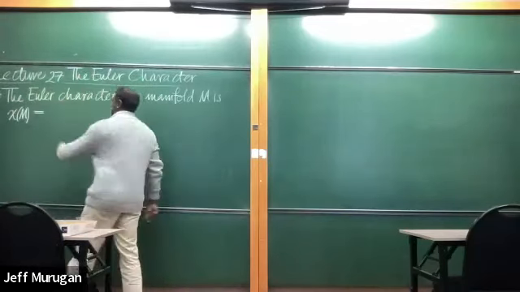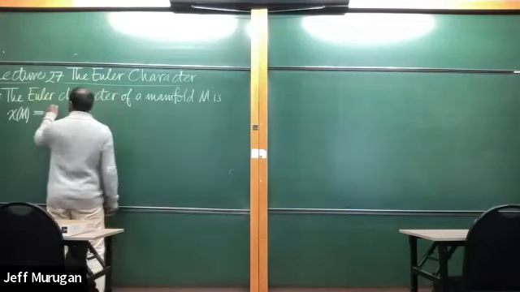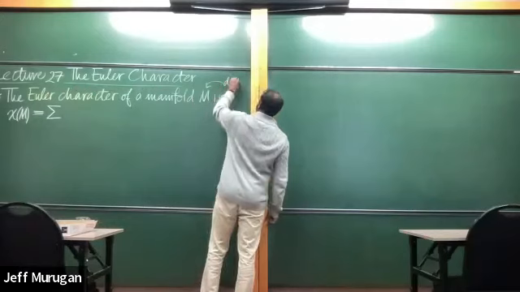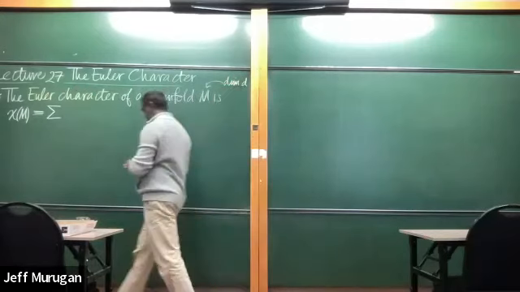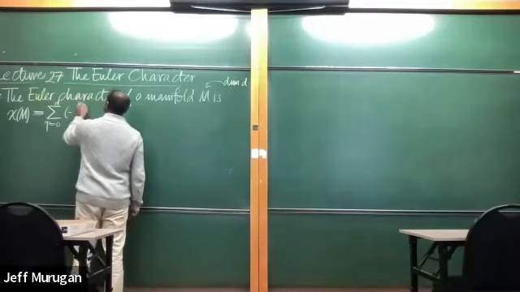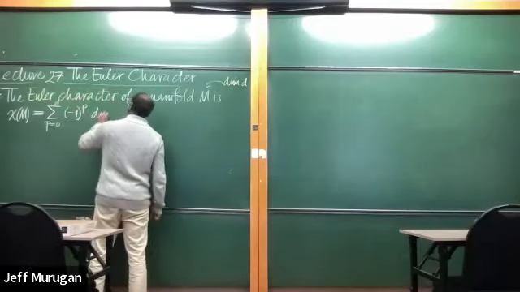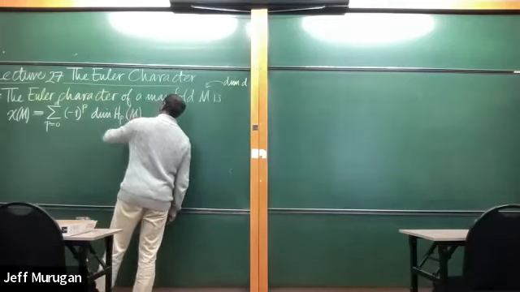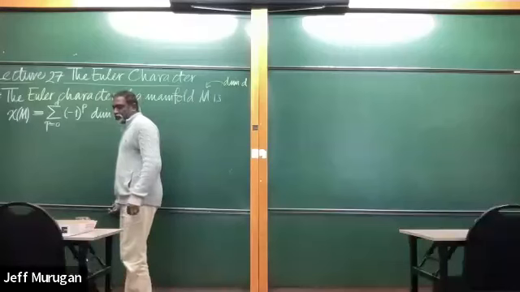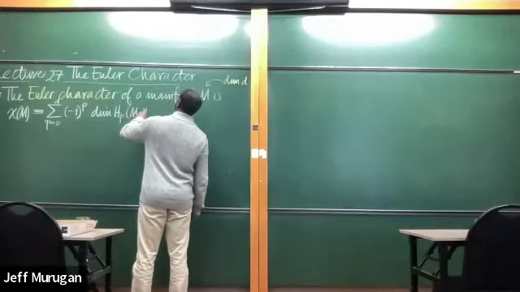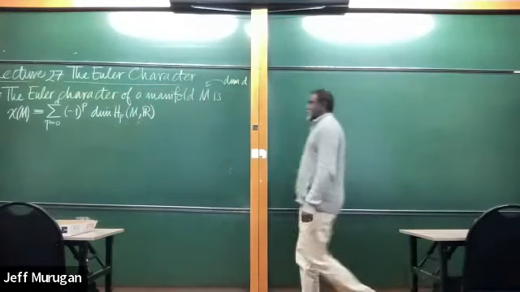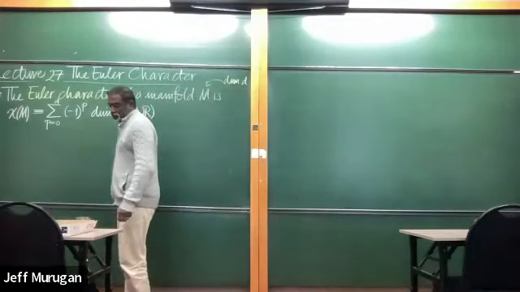The Euler character of M is defined to be the alternating sum, where D is the dimension of the manifold, from p equals naught to D of minus 1 to the p times the dimension of the p-th homology, working with H_p defined over R, so it's a p-th homology space.